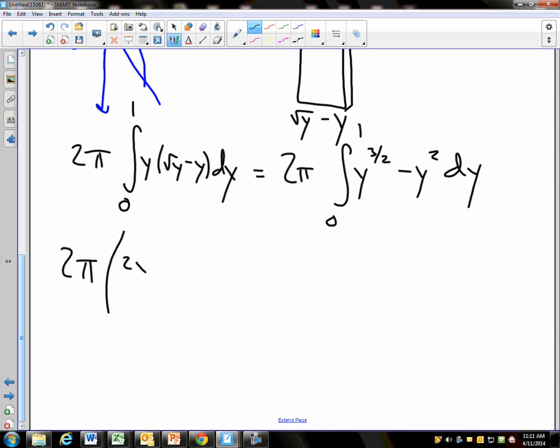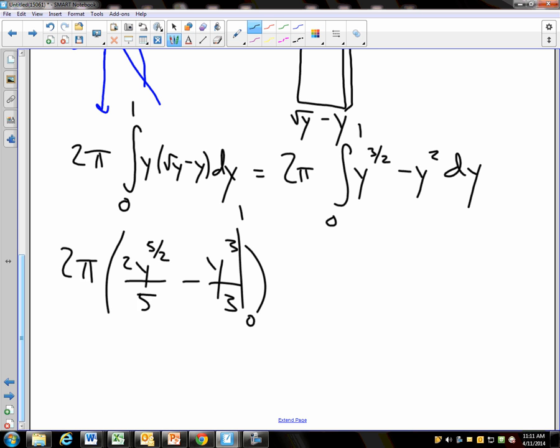Very good. 2y to the 5 halves over 5. Minus what? y to the third over 3. And evaluate that from 0 to 1.